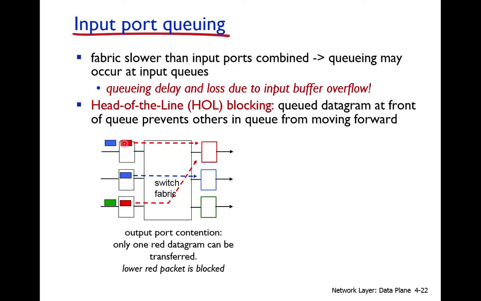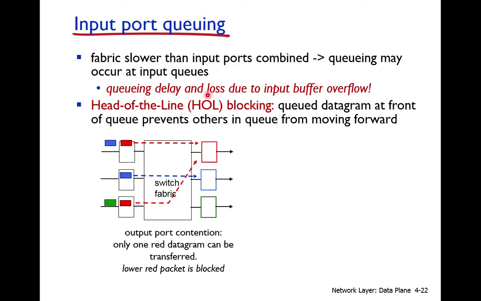First the red packet is transmitted, then the blue packet gets its transmission. And when a packet arrives and the queue is full, then this packet will be discarded. So when there are packets in the queue, this can introduce queuing delay, as well as packet loss if the buffer overflows.